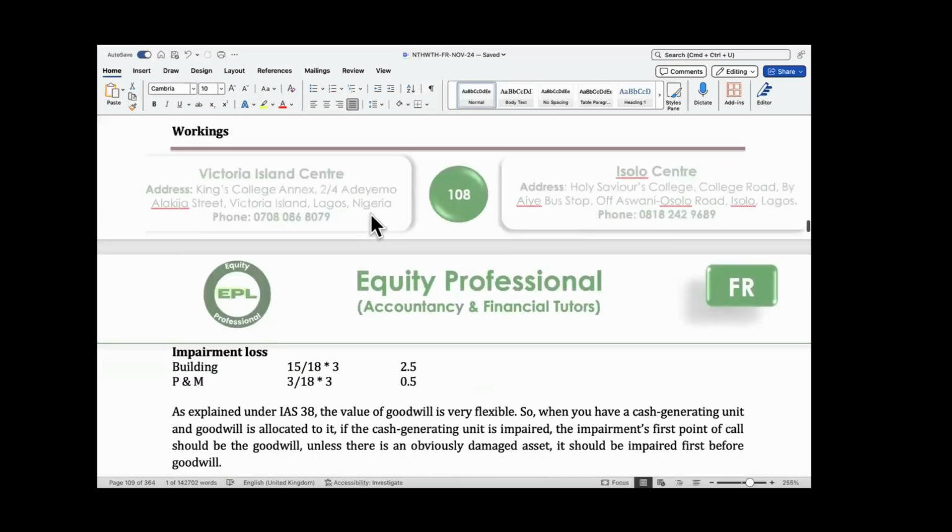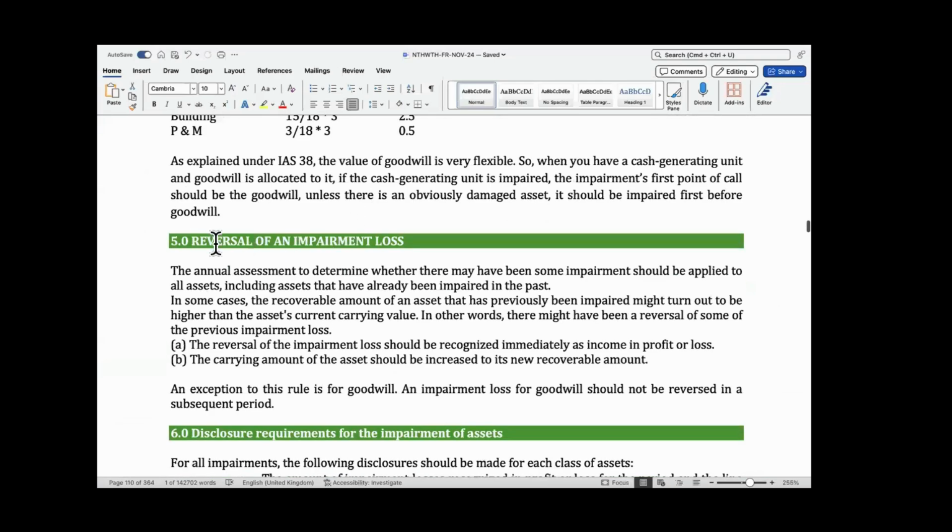Okay, now you see, it's possible for impairment loss to be reversed. It's possible for it to be reversed. And usually you can reverse it when an asset whose carrying amount was higher than its recoverable amount before now becomes a situation where you are having a surplus, where the recoverable amount is now higher.